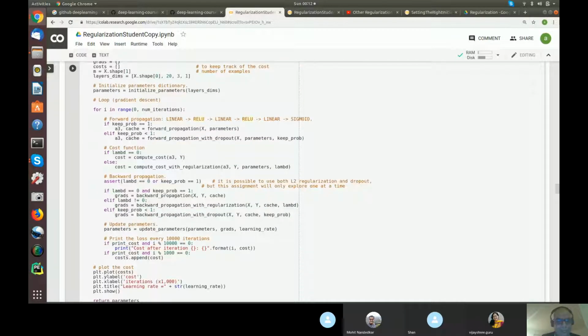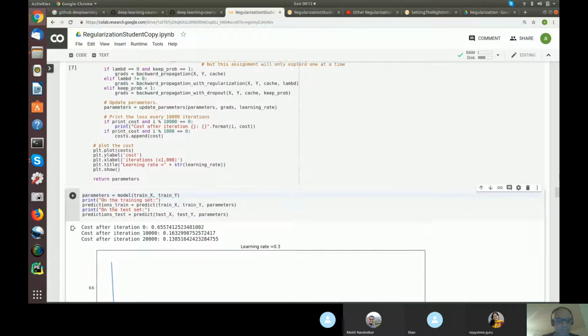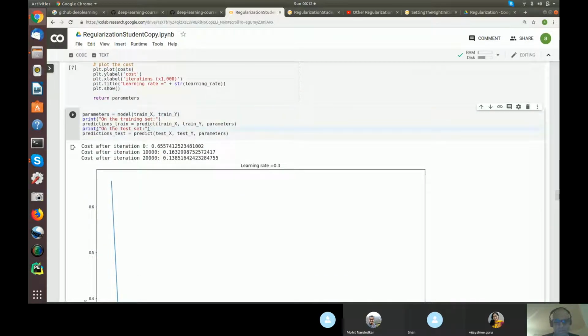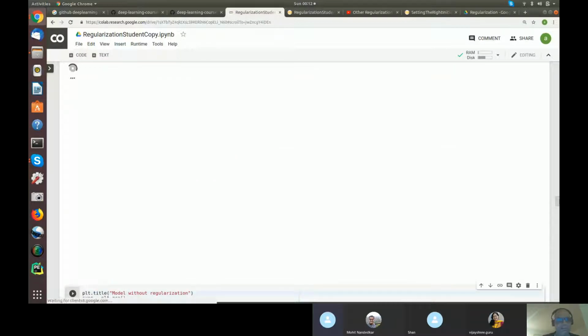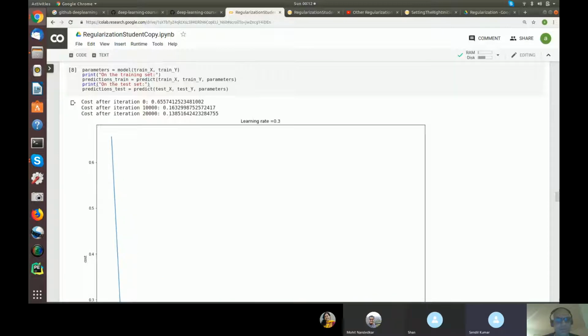So let's run this. So here we give a training data and test data. And the loss function is at 0.13.